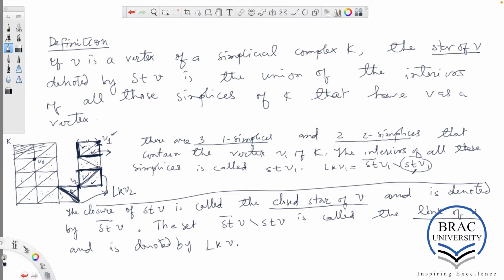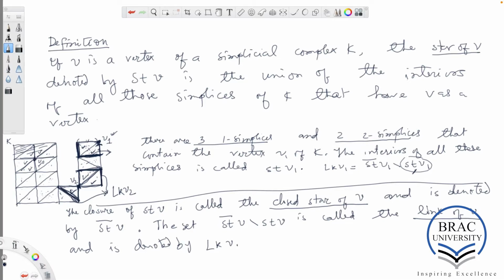Okay, good. Now about the vertex V0, you see that there are 1, 2, 3, 4, 5 two simplices that share this vertex V0, and there are 1, 2, 3, 4, 5, 6 one simplices that contain the vertex V0.